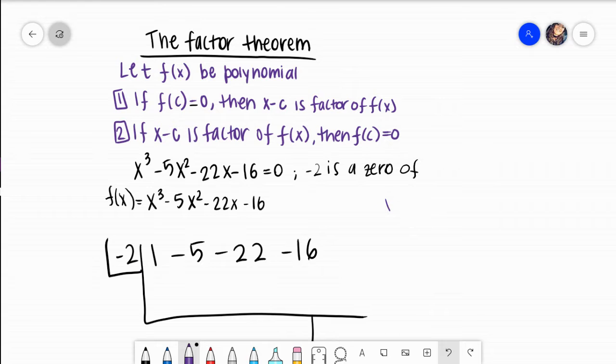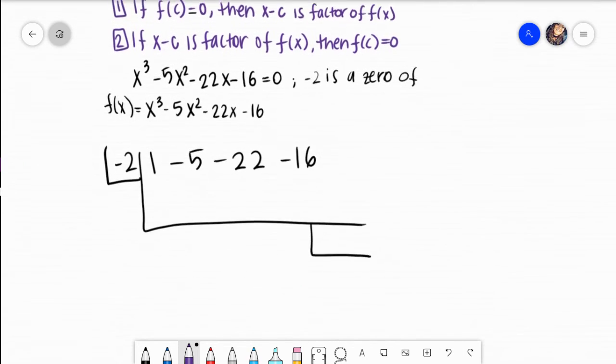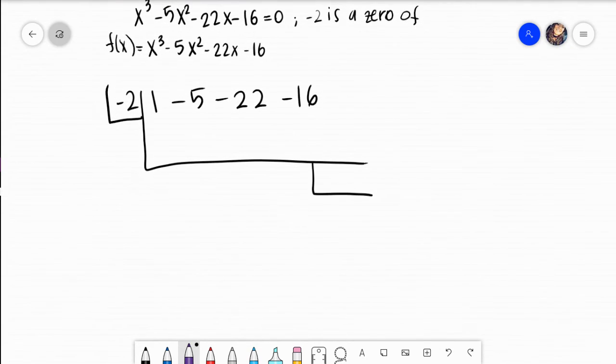Okay, so let's see if that actually works out here. I know I need to bring down my 1. Do your multiplication. 1 times negative 2 is negative 2. Negative 5 and negative 2 combine to make negative 7. Negative 2 and negative 7 make 14, signs are the same, so it's positive. Negative 22 and 14, I would subtract, keep the sign of the larger, so negative 8.